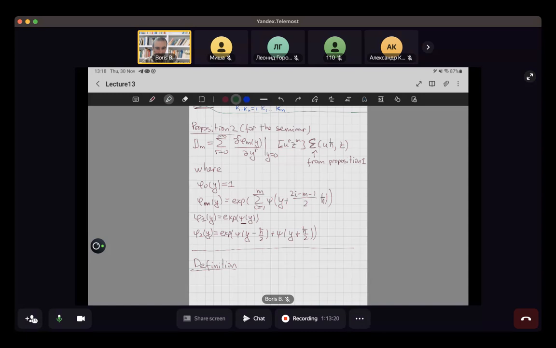Here this coefficient means that maybe I should write here, say, I, and then z i. So I mean that we have n such operators, and these operators are acting on the following guys.